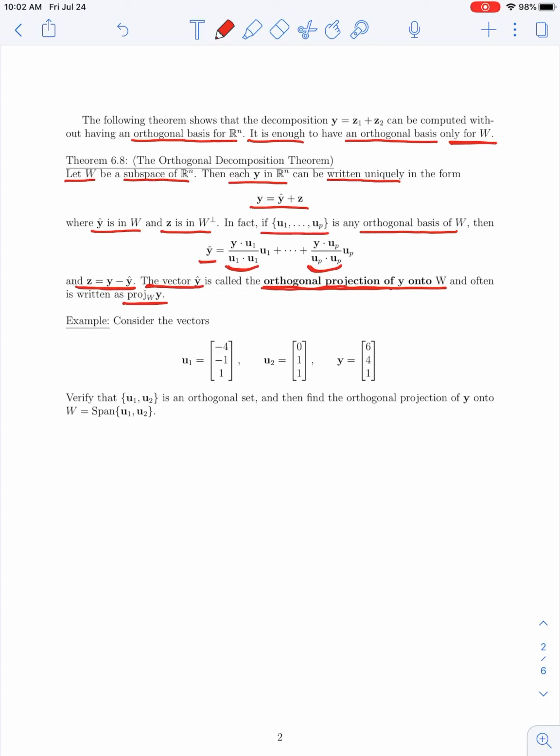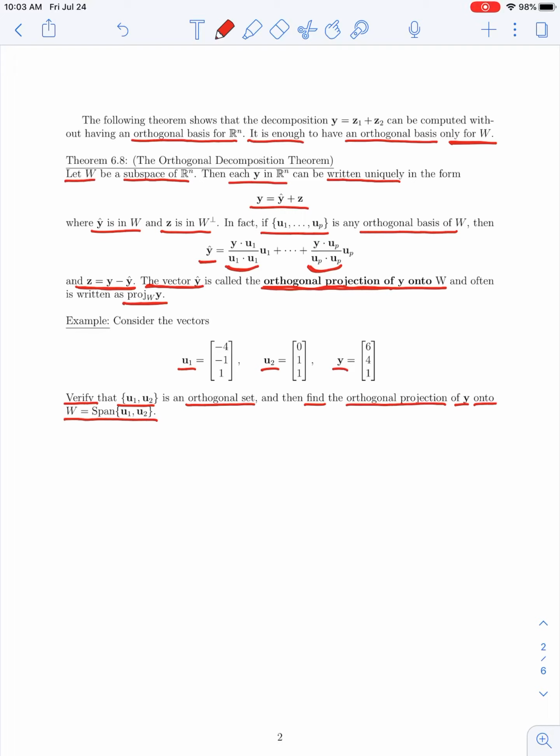Here we're told to consider the three vectors u1, u2, and y, which are vectors in R3. We're supposed to first verify that the set u1, u2 is an orthogonal set, and then find the orthogonal projection of y onto the subspace W, which is spanned by u1 and u2. That would be a plane in R3.